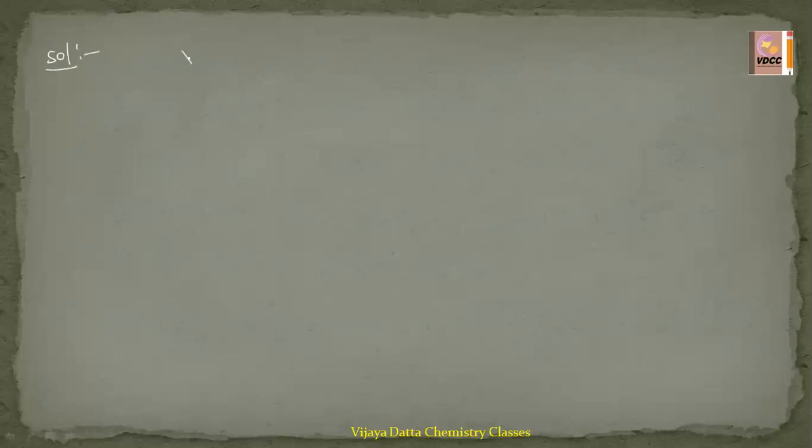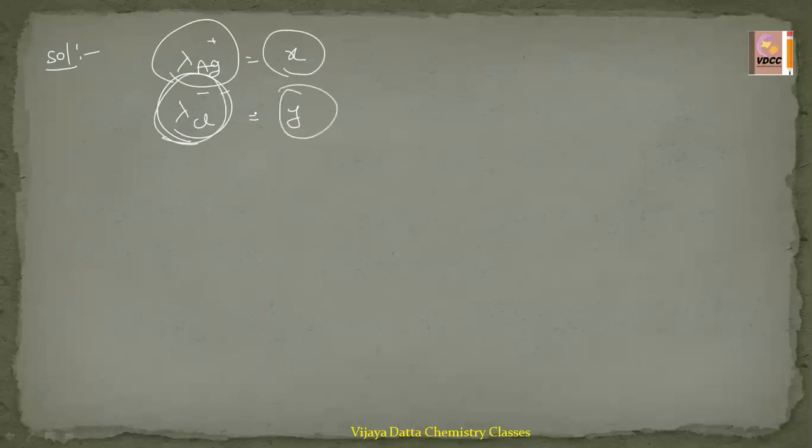What he has given: lambda Ag plus value is X, lambda Cl minus value is Y. These are the limiting conductance of a cation and of an anion.